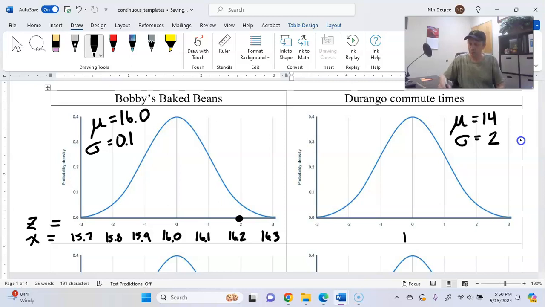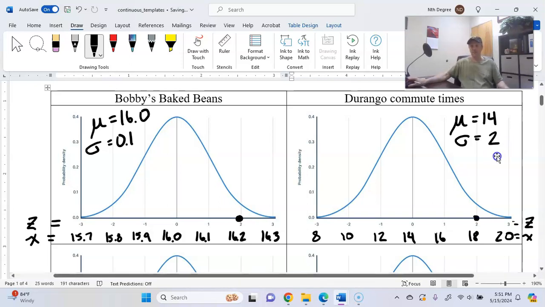Okay, so that means that 14 minutes would be right at the mean, and then we count by twos, 16 minutes, 18 minutes, 20, or on the less than average side, we count backward by twos. So these are the x scores representing minutes, and these are their z scores. We're interested in a commuter who took 18 minutes. So that commuter's commute is right here, and that also has a z-score of 2.